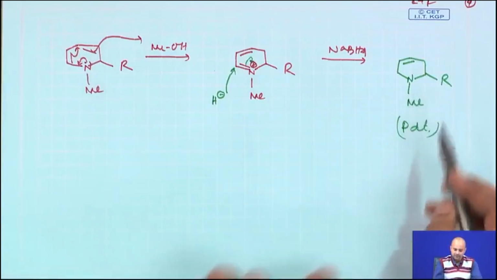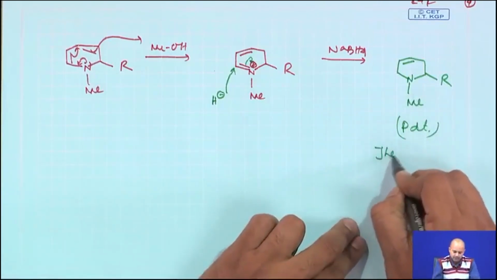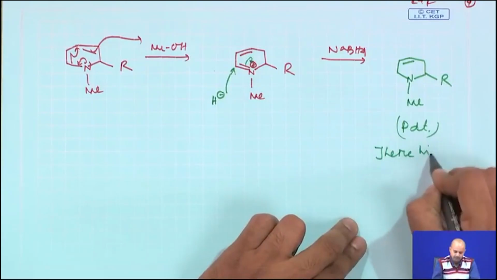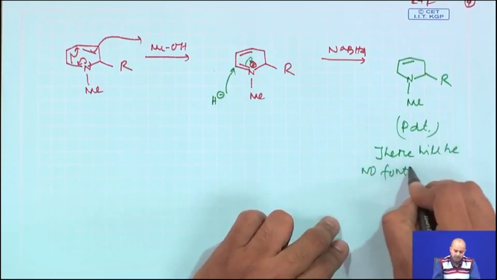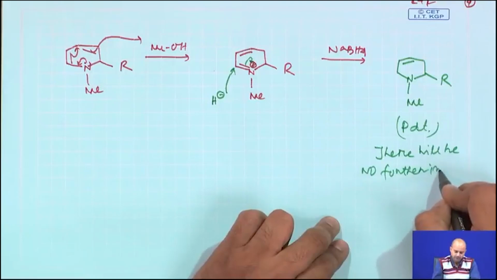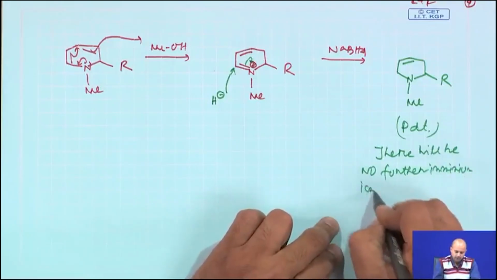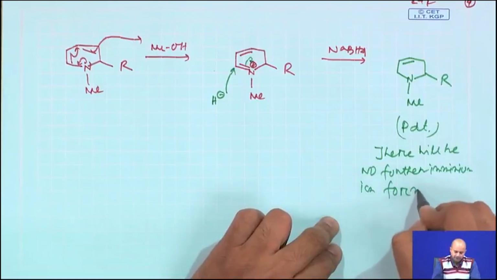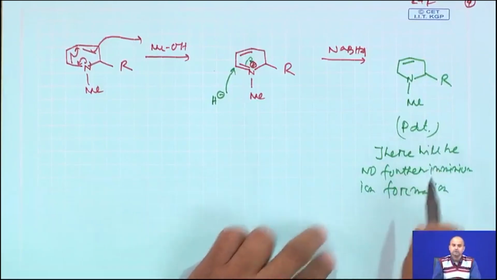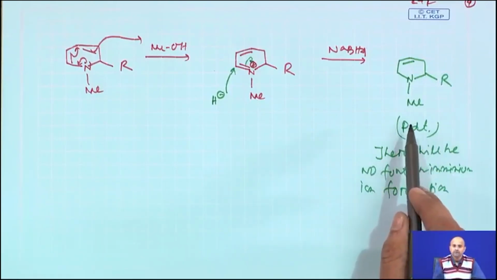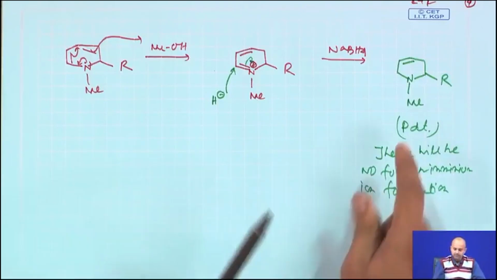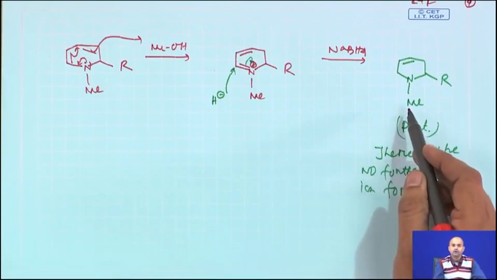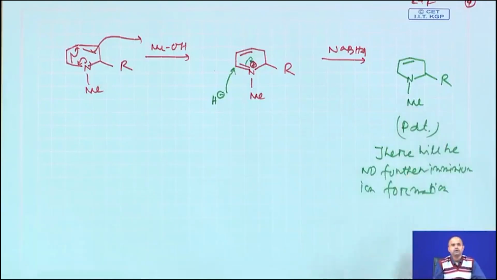Now, in this case there will be no further iminium ion formation, and that is how the reaction will complete. As there is no iminium ion formation, the reaction will now be completed, and this will be isolated as the major product or the final product.